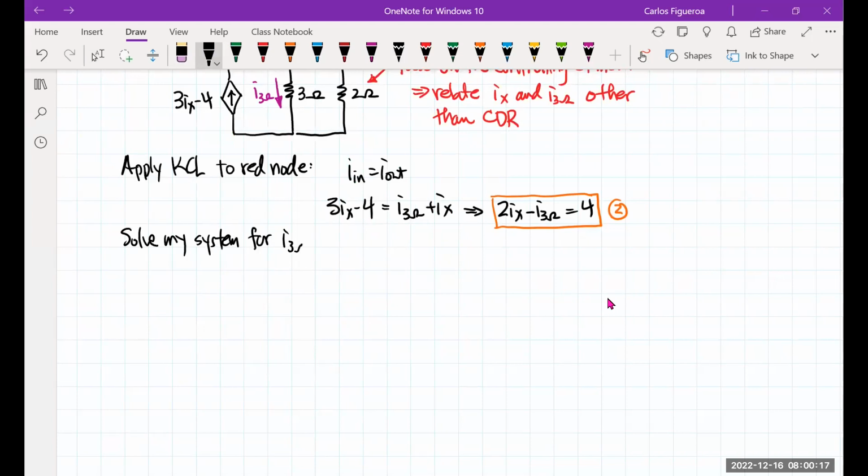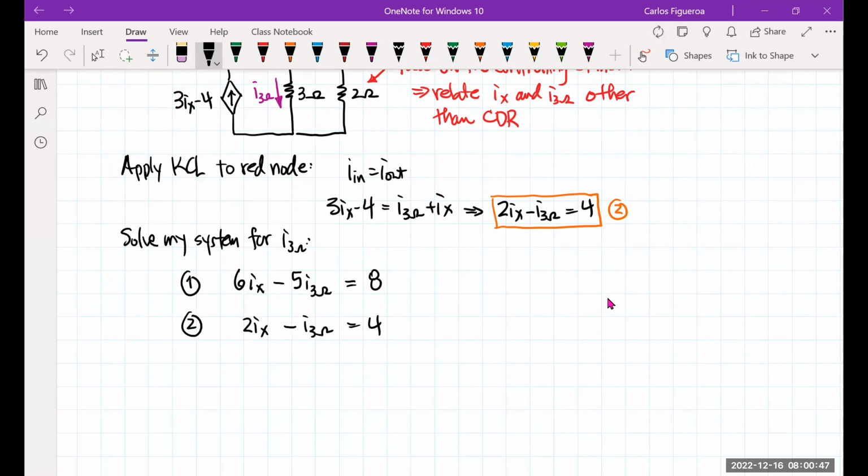I'm going to solve my system for I3 ohm. My first equation is 6Ix minus 5I3 equals 8. My second equation is 2Ix minus I3 ohm equals 4.